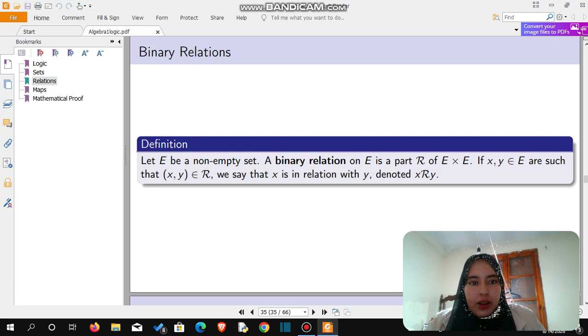Binary relations. Let E be a non-empty set. A binary relation on E is a part R of E times E. If x, y are in E such that (x, y) are in R, we say that x is in relation with y by R, and we note x R y.